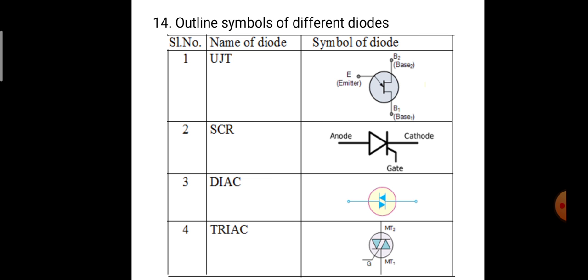The second one is SCR. The SCR consists of three terminals: anode, cathode, gate. The diac consists of two terminals: A1, A2. The fourth one, triac, consists of three terminals: MT1, MT2 and gate.